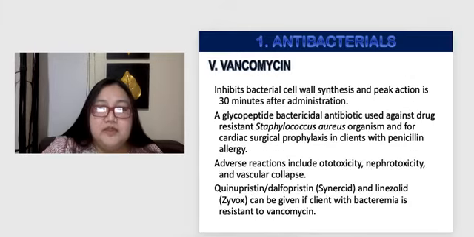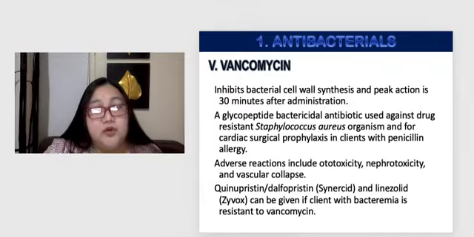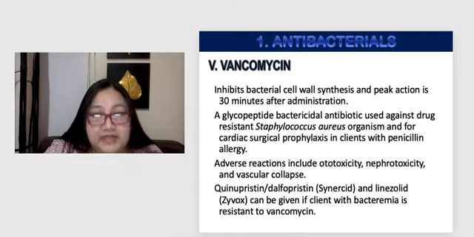Okay? Another group or another drug is vancomycin. Vancomycin inhibits bacterial cell wall synthesis. Ang peak action niya ay 30 minutes right after you administer the drug. It's a glycopeptide used for drug-resistant Staphylococcus aureus organism.